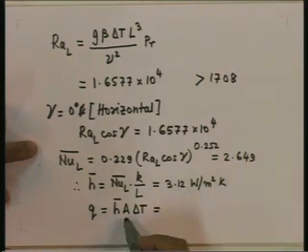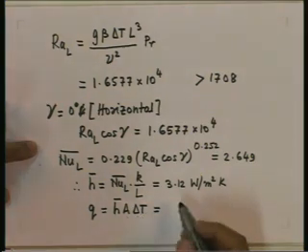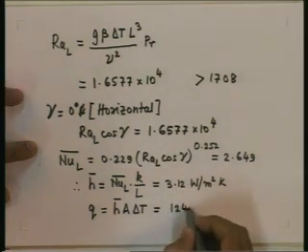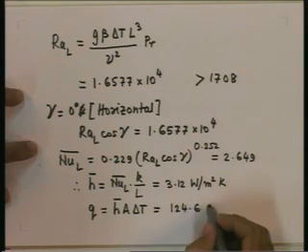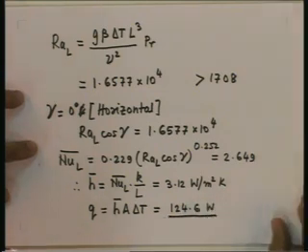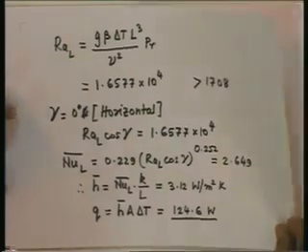h bar is just computed, area is 2 square meters, delta T is 75 minus 55, which is 20 degrees Celsius. This turns out to be 124.6 watt. Proceeding in the same way, one can calculate at different values of gamma.